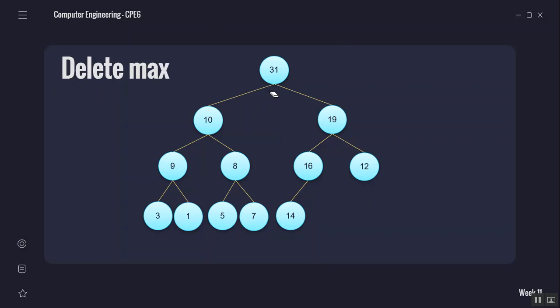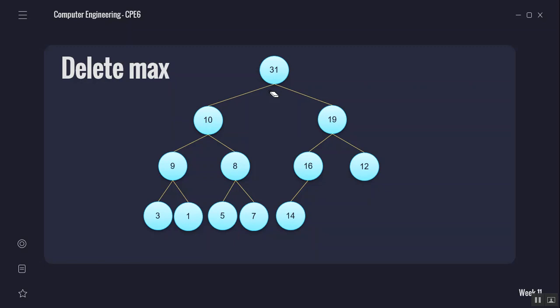Again, we have another one: delete min or max element. When we say delete max, we are just deleting the root. You cannot choose which node to delete. It always deletes the highest value or the lowest value, which is the root.